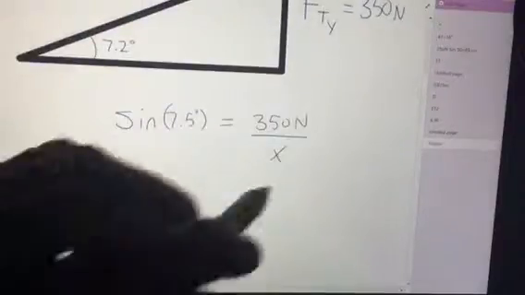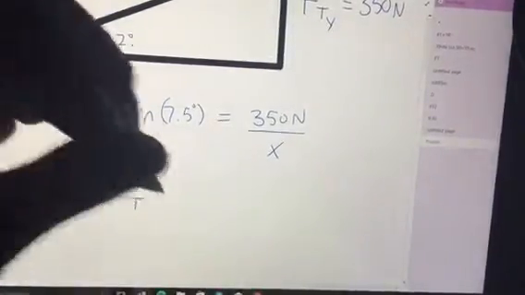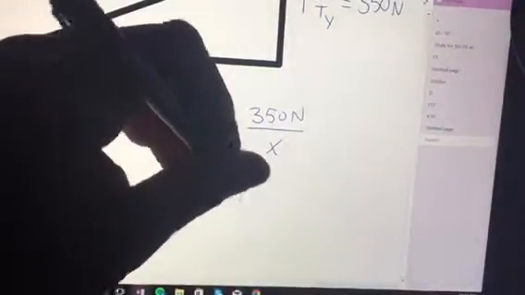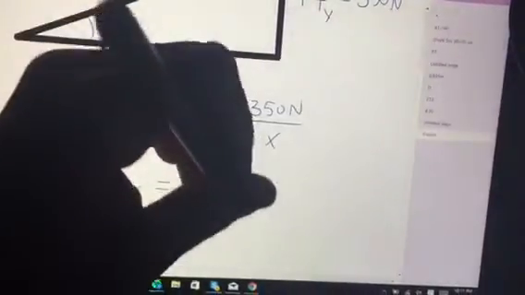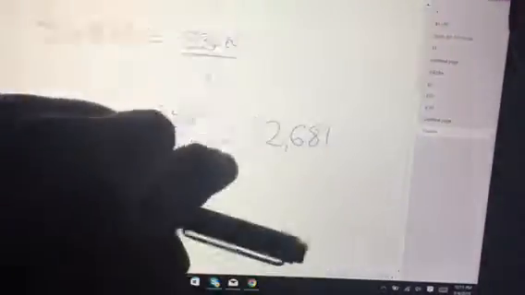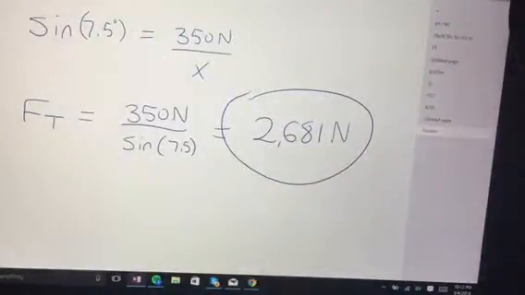Solving for x right here, we get that the force of tension equals 350 newtons divided by sine 7.5 degrees, which goes to equal about 2,681 newtons. And that, ladies and gentlemen, is the force of tension on the slack lining system.